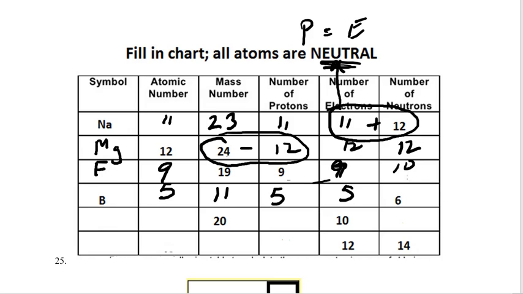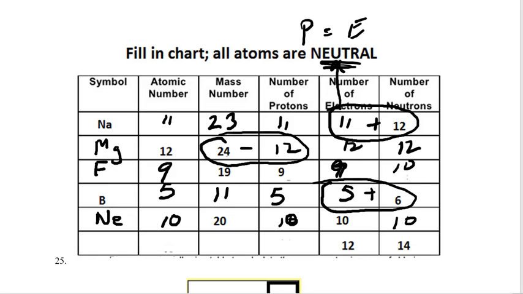This is 11 because when you add together the neutrons and the protons or electrons in a neutral atom, you get 11. Okay, so the number of electrons is neutral, so that means it's the same. And since it's 10, this must be neon. Number of neutrons, subtracting 10 and 20, I get 10 neutrons.